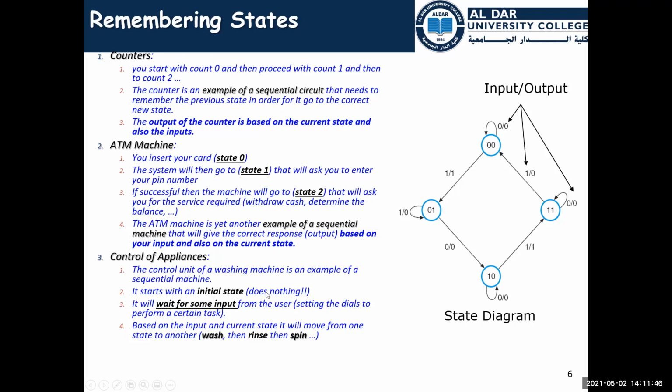Based on the input and the current state, it will move from one state to another: wash, rinse, spin, and so on. So the washing machine should start with filling the water. After filling the water to a specific level, it starts to move and rinse and dry the clothes and stop. It's like that. So this is another example of these sequential circuits.